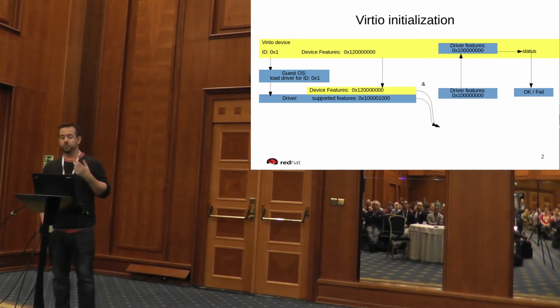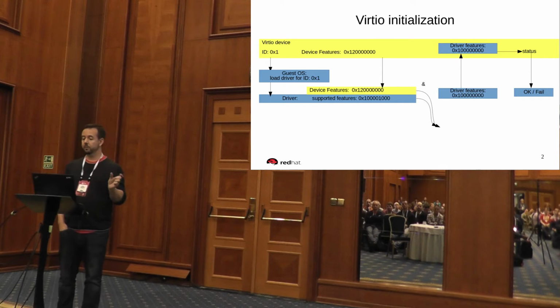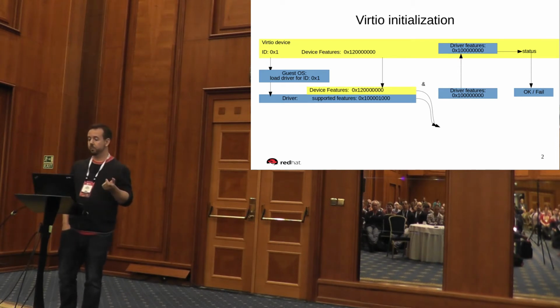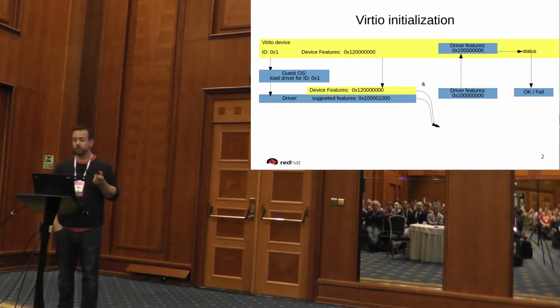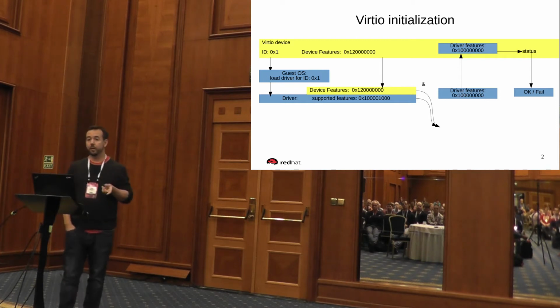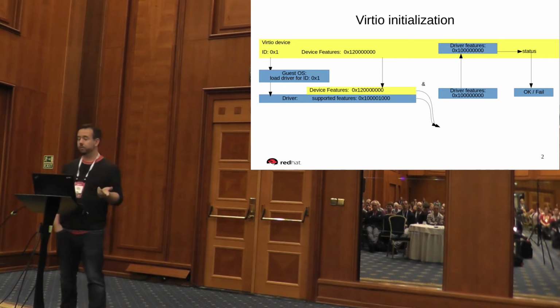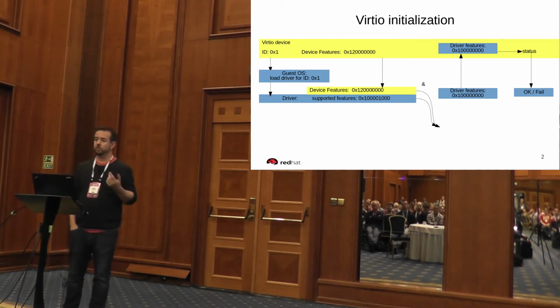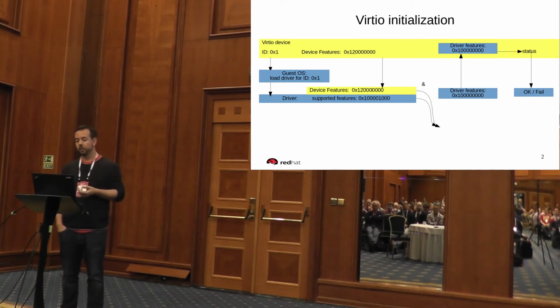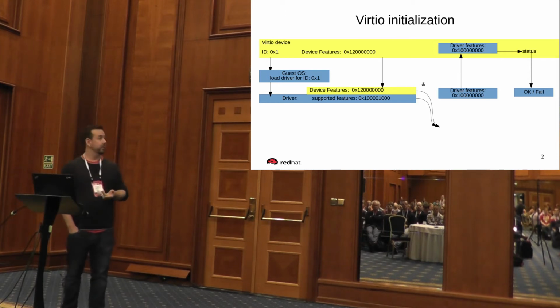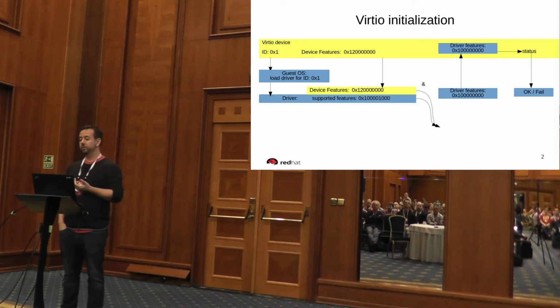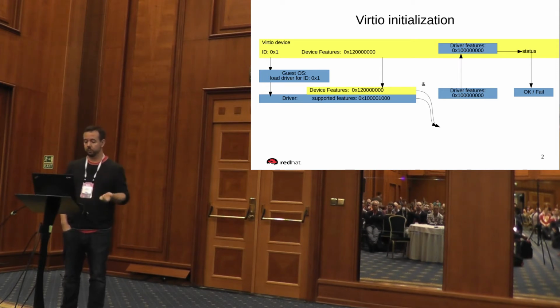The job of the driver now is to do a bitwise AND of the device and driver features in VM memory. The result is then used by the driver to determine how to drive the device, what features can be used, what can't be used, what it supports, and what not. This is also written into the driver features register on the device, so both know what the other side supports.